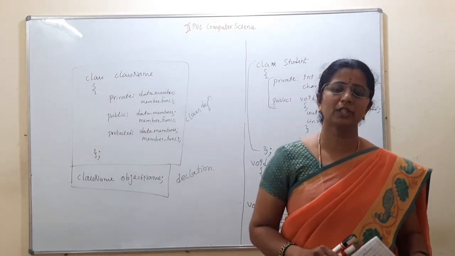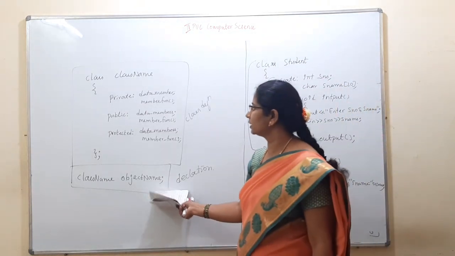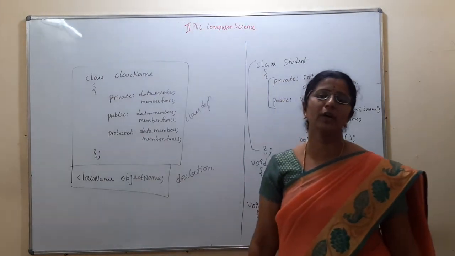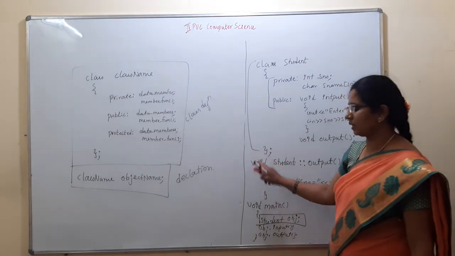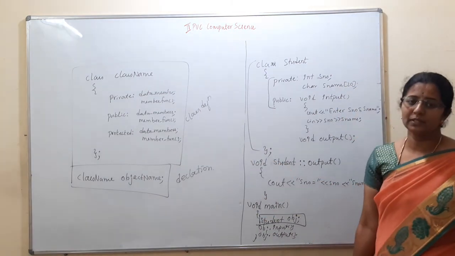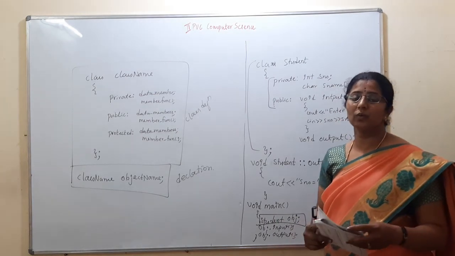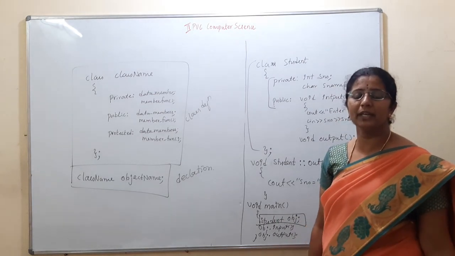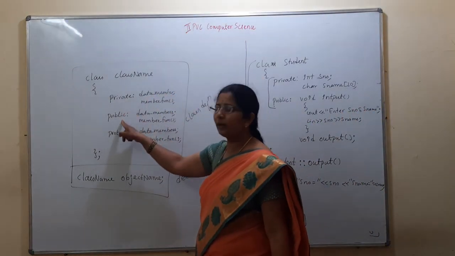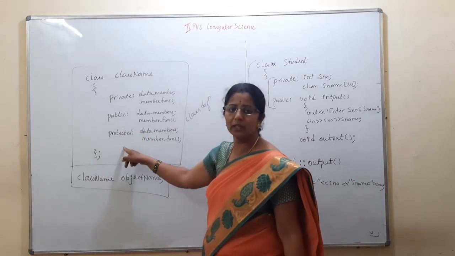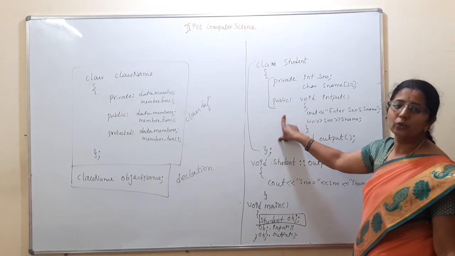Definition means class, declaration means object. Without a declaration, memory will not be created for your class members. See, here the class example is there, here the object example is there. Did you get it? And if they ask the question, explain access specifiers with syntax and example, this is the syntax which gives you private and protected together, public together, and this example gives you private and protected usage.